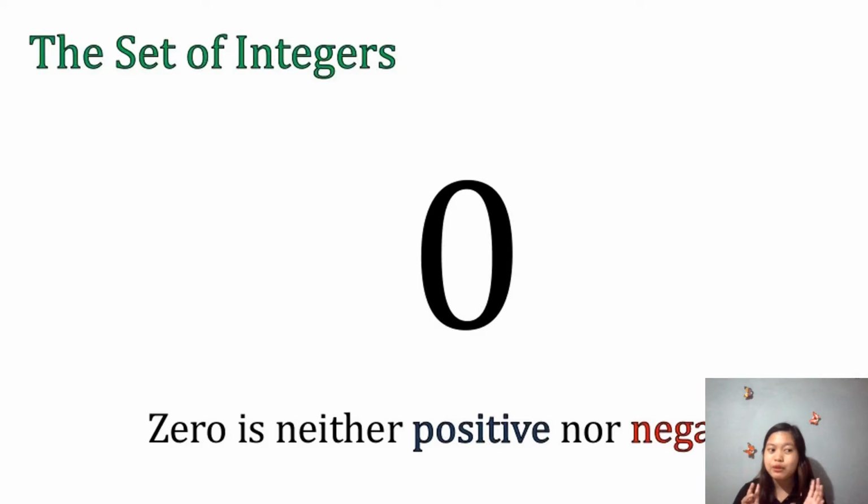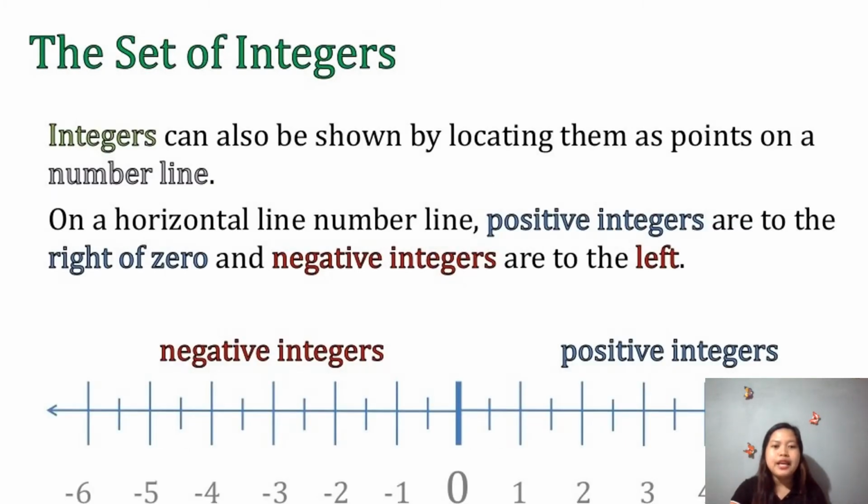Sometimes I used to hear people ask, is the answer positive 0 or negative 0? As I said earlier, it is neither positive nor negative. 0 has no sign, it's just neutral. Okay? Integers can also be shown by locating them as points on a number line.